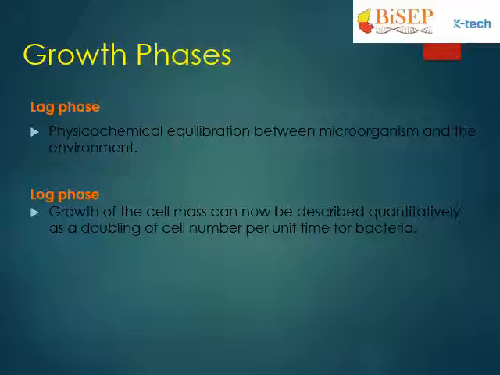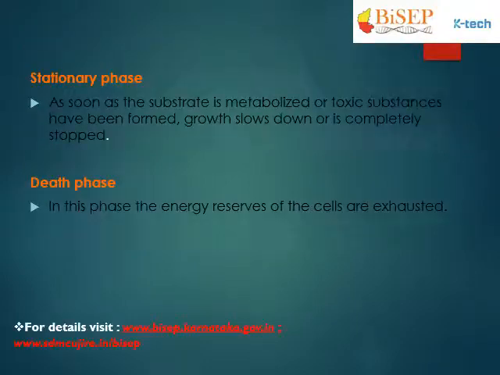Coming to the topic, the growth phases. In the lag phase, physico-chemical equilibration between the microorganism and the environment happens at the initial stage. The second stage is the log phase. Growth of the cell mass can now be described quantitatively. Doubling of cell number occurs. If there is one cell, then doubling occurs as 2, 4, 8, 16, 32, that is, 2 to the power n. The next is the third phase, the stationary phase.